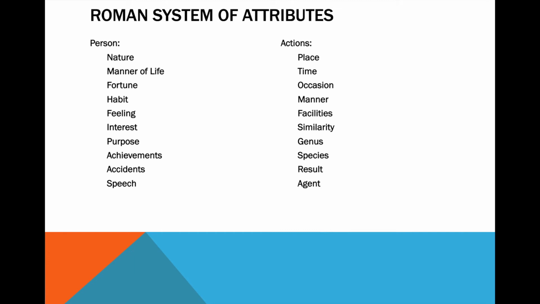And then the same with regard to the action, that is the crime that you're investigating. We would consider, as Cicero explains, the place where the act took place, right? Not only the place, but how far it was from other relevant places.